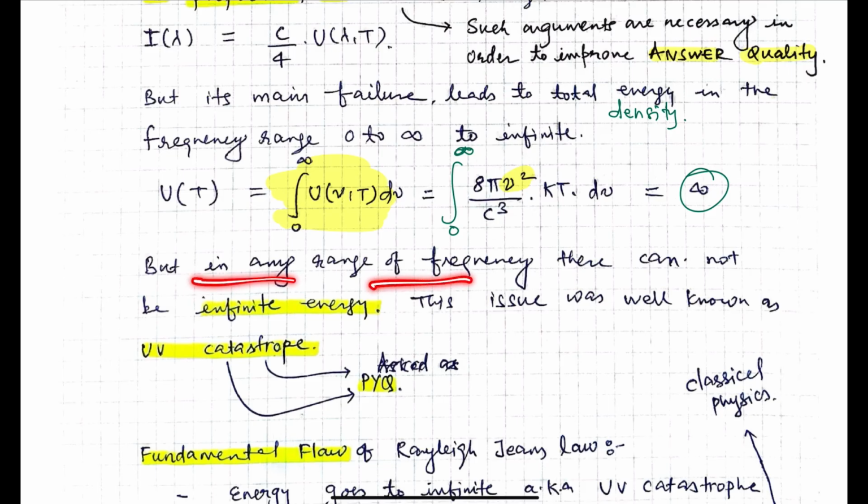In any range of the frequency, there cannot be infinite energy density. And this issue was well known at that time as ultraviolet catastrophe, because they observed it in the ultraviolet range at first. Okay. And the same concept has been asked as a PYQ as well.